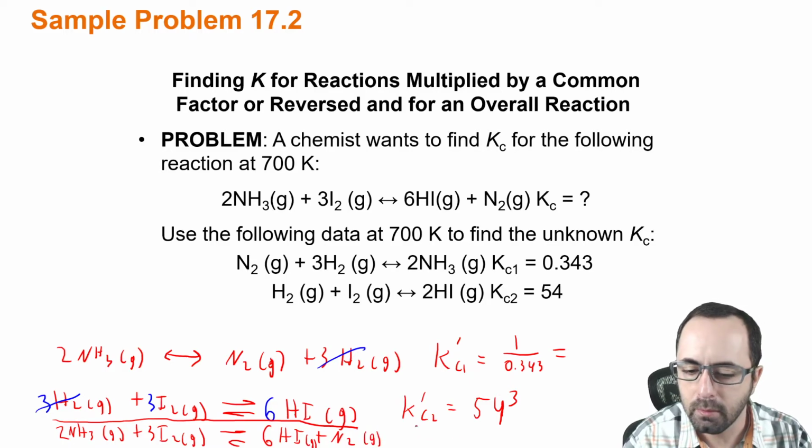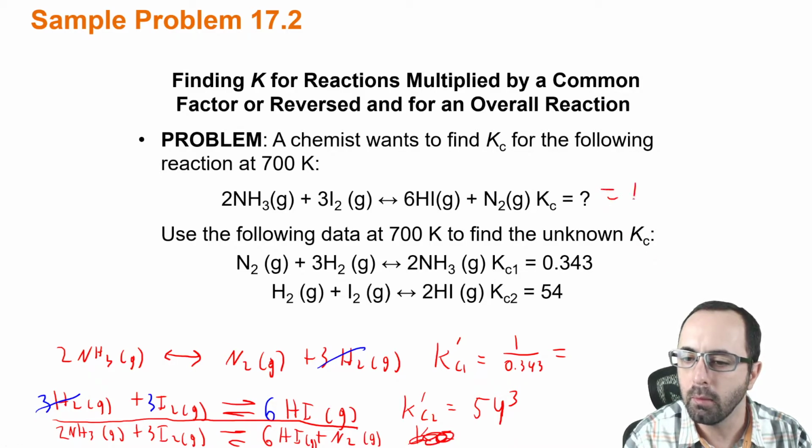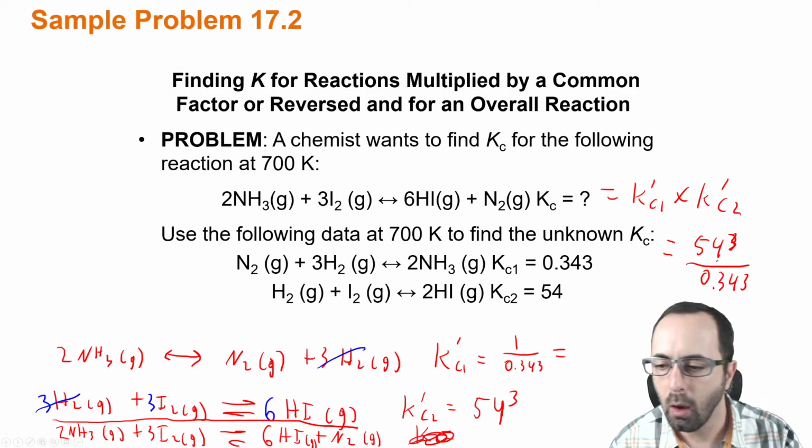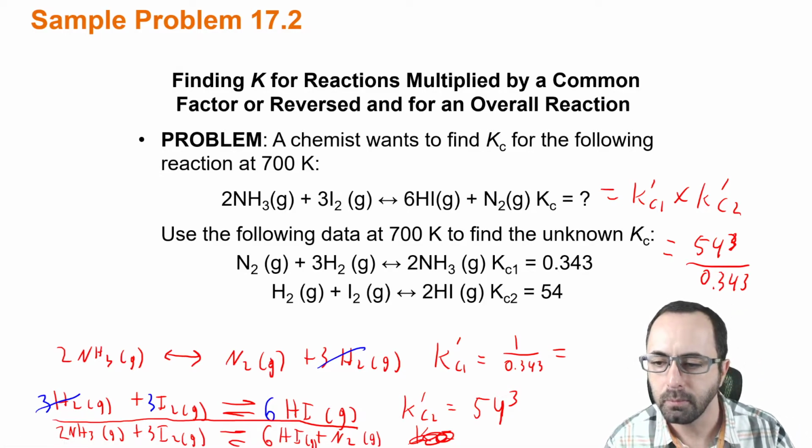And the K is going to be, and I'll just write the K here. So the K overall, this one, is going to be the K prime C1 times K prime C2. And so it's going to be 54 cubed times 1 over 0.343. 54 cubed over 0.343. And so now we can calculate that.